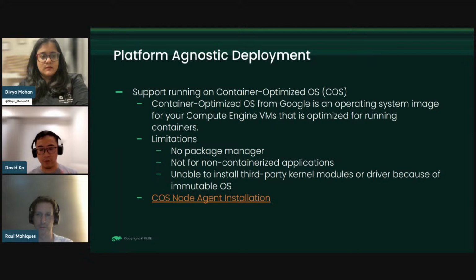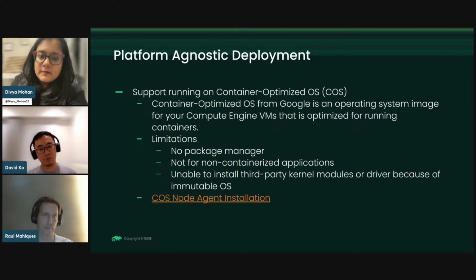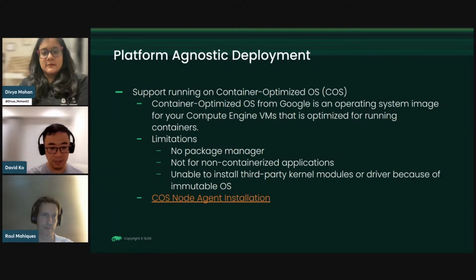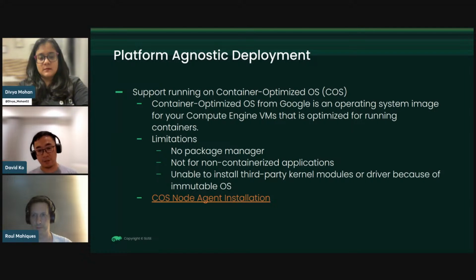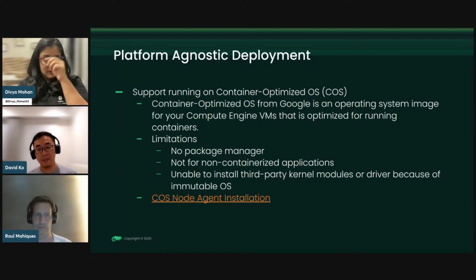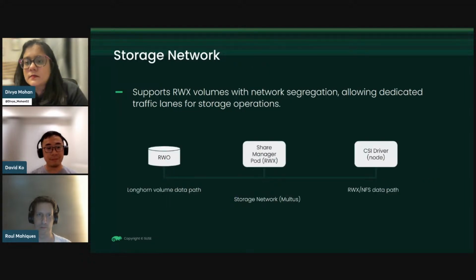This is very traditional for an immutable operating system: no package managers, and no non-container applications. You cannot install third-party kernel modules or drivers because it's an immutable operating system. So in this version, we introduced the COS no-agent installation. It's a DaemonSet to install the necessary packages at runtime. So you can run Longhorn on this new immutable operating system.